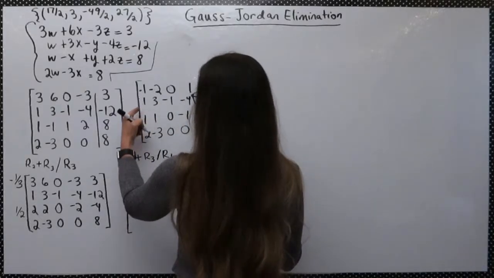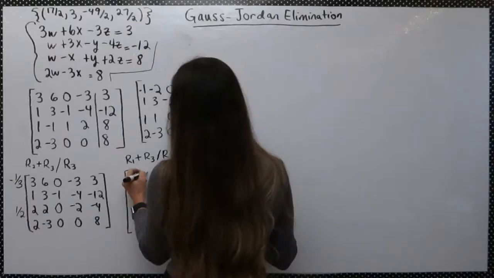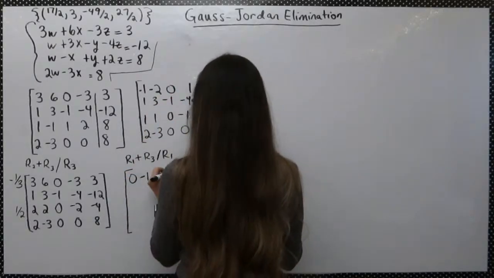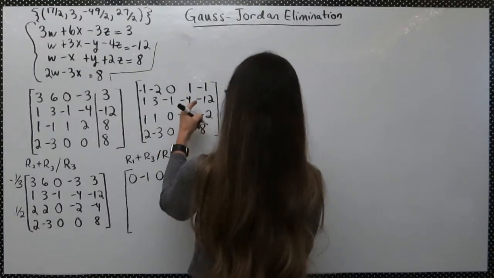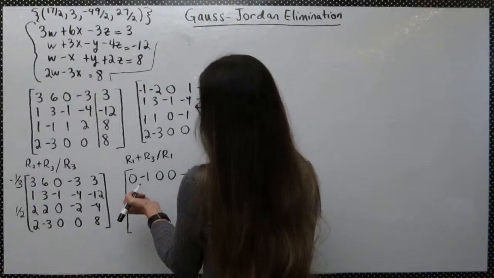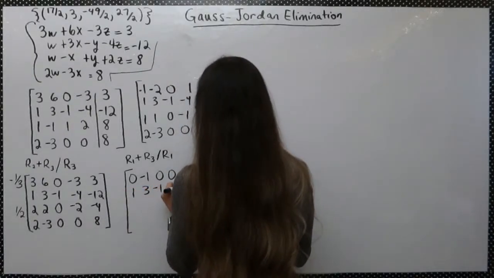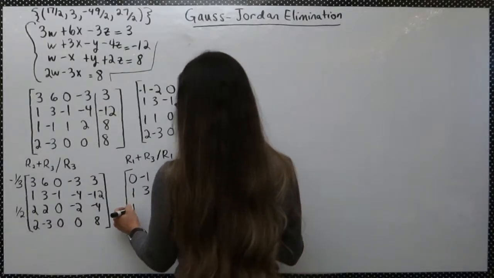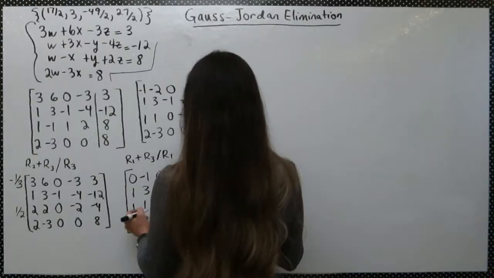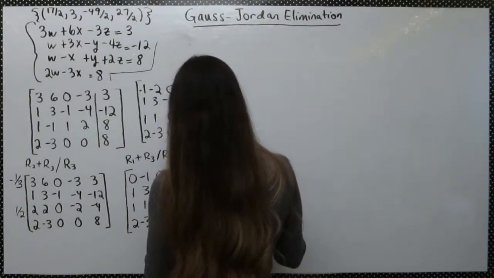So we've got 1 minus 1 is 0. 2 minus 1 is -1. 0 and 0 is 0. 1 minus 1 is 0. And 1 minus 2 is -3. And then we can repeat the rest of these rows. We've got 1, 3, -1, -4, 12, 1, 1, 0, -1, 2. We've got 2, -3, 0, 0, 8.